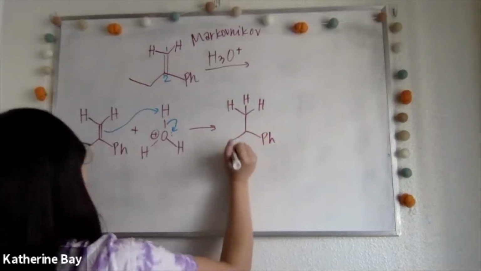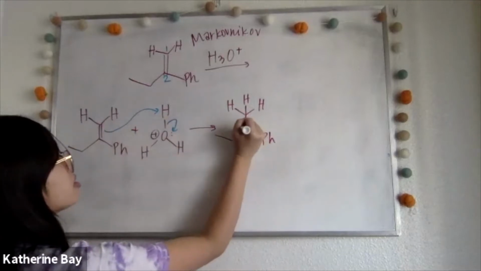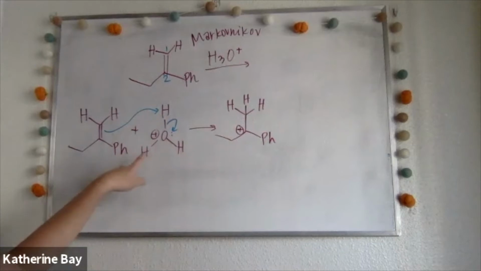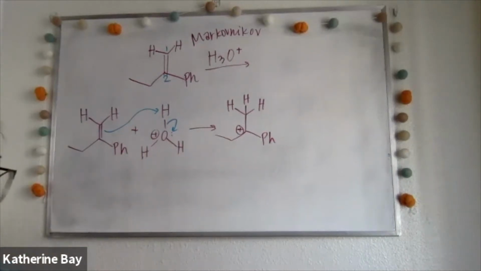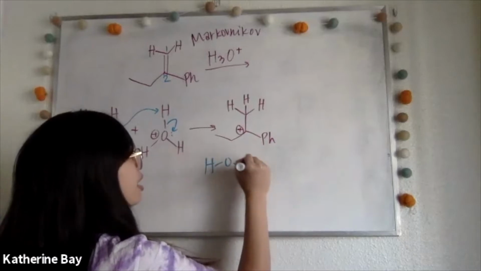So because the hydrogen from H3O+ went to the C1 carbon, that means on C2, that's where our carbocation will form. And then water, the remaining part of H3O+, comes in, and it's going to just attack the carbocation.